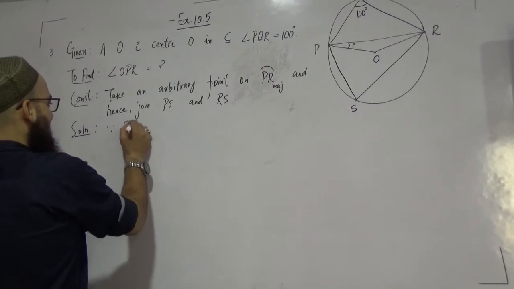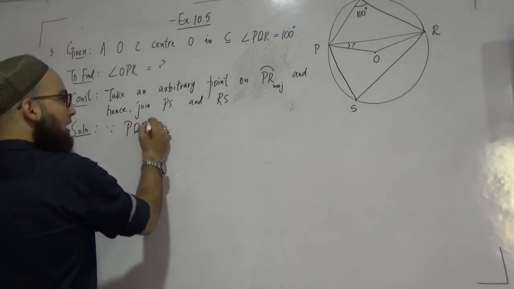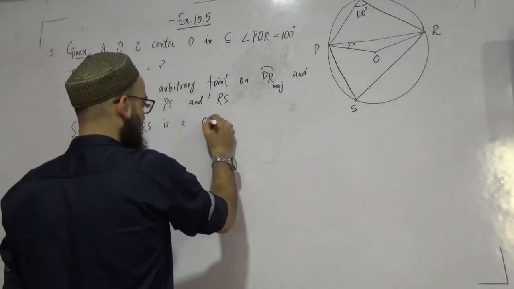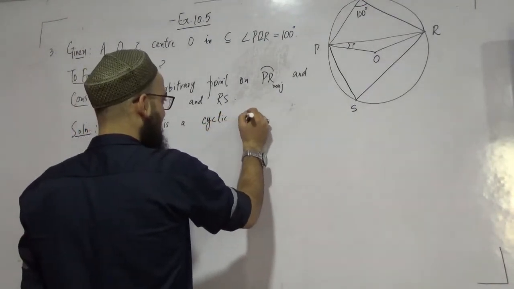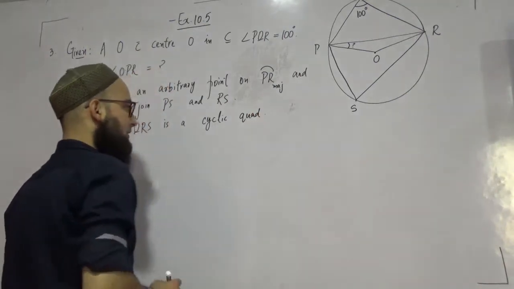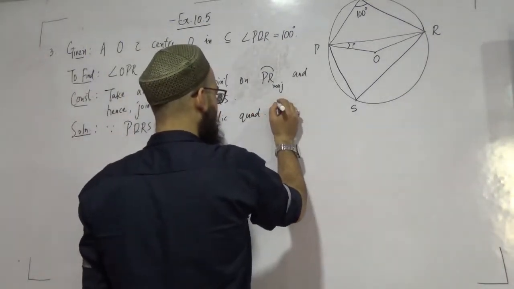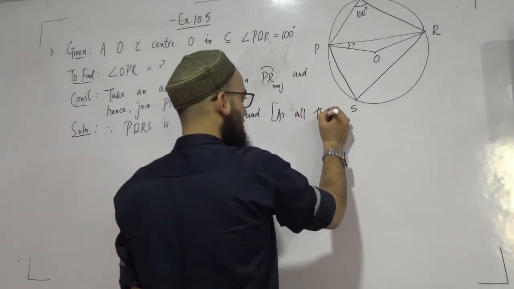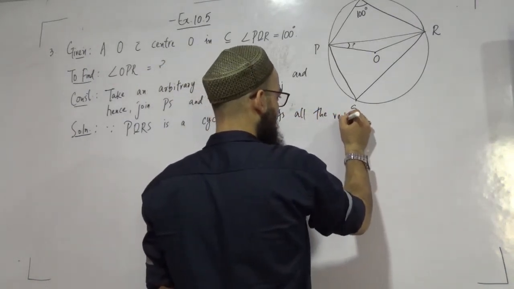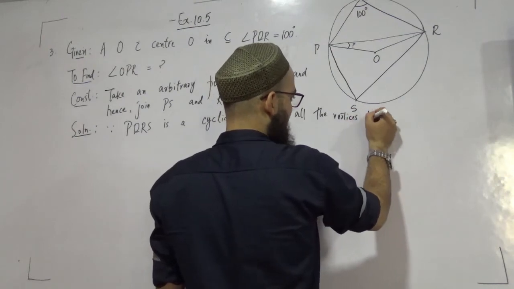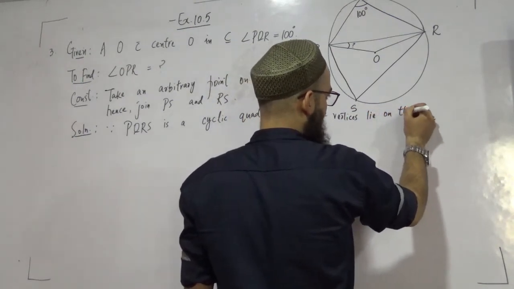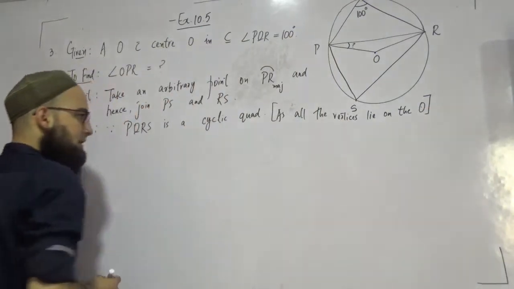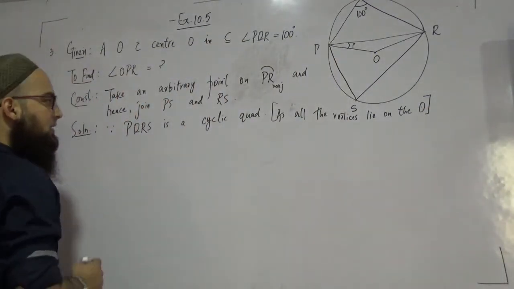Since PQRS is a cyclic quadrilateral, as all the vertices lie on the circle.